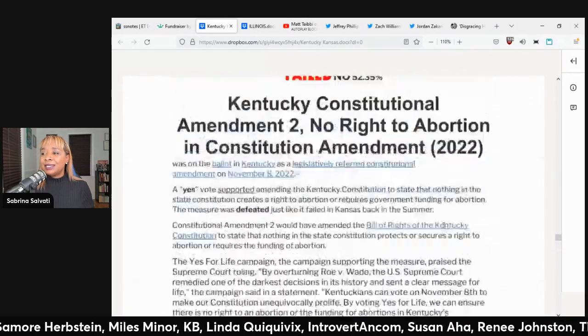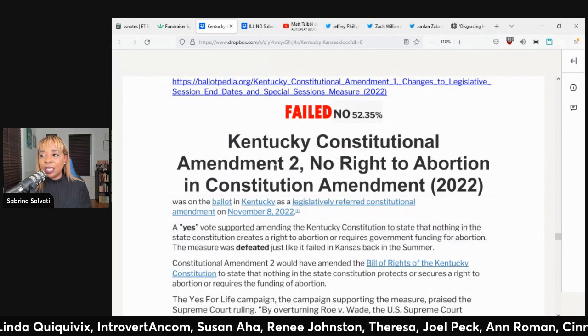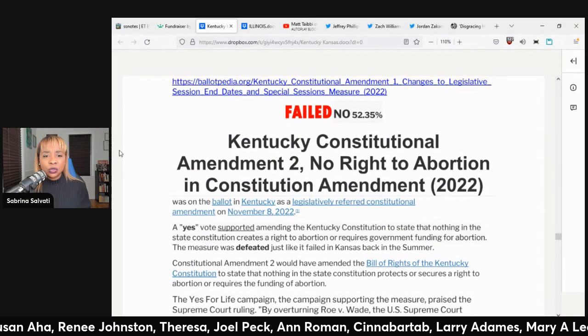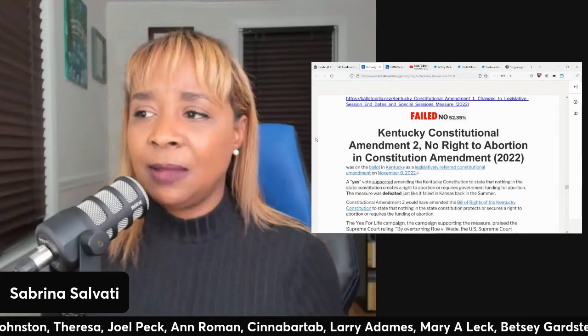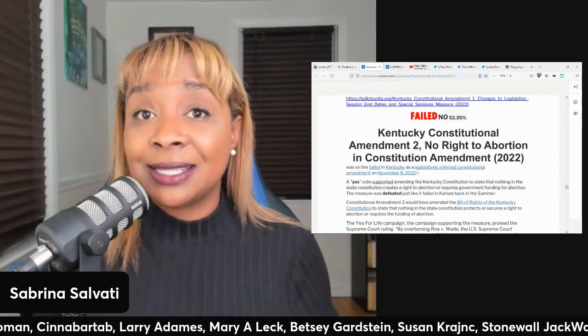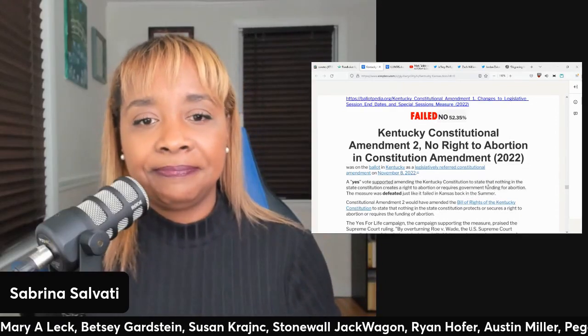So this constitutional amendment, no right to abortion in constitutional amendment. I don't know why they say it that way. It failed in Kentucky, but it's good that it failed. If it would have passed, then you would not have a right to an abortion in Kentucky.